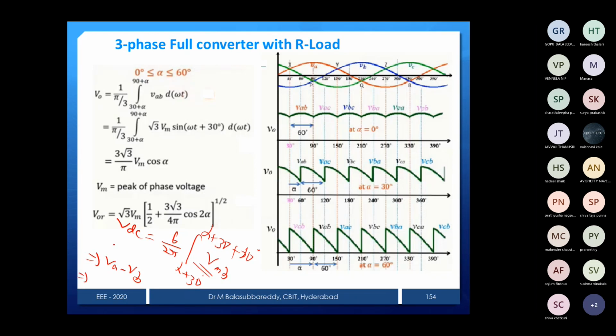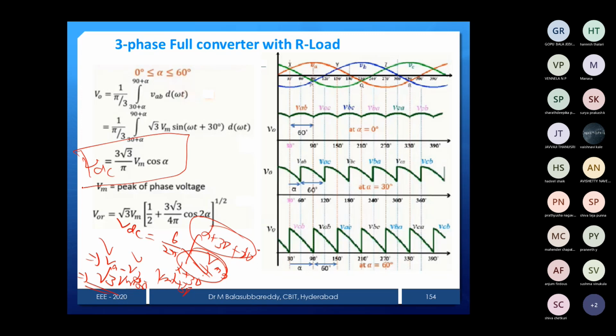VA is known, Vm sin omega t. VB is Vm sin (omega t minus 120). If you simplify that, you get root 3 Vm sin (omega t plus 30 degrees). You can substitute here, integrate, and substitute the limits. Then you will get the average output voltage for continuous mode of operation.